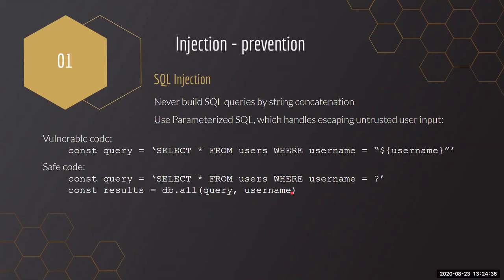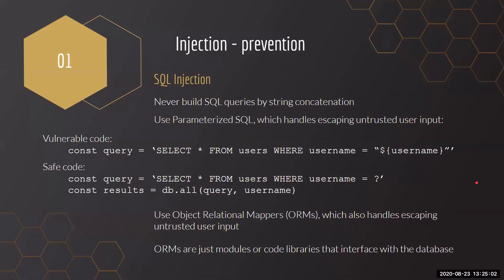So you would have another comma after username and then the next variable, and comma and then another variable. And those just get plugged into those question mark spots in your query. And when you do it this way, there's protections in JavaScript in this db.all method that do the escaping for you. So there's a lot less to worry about.